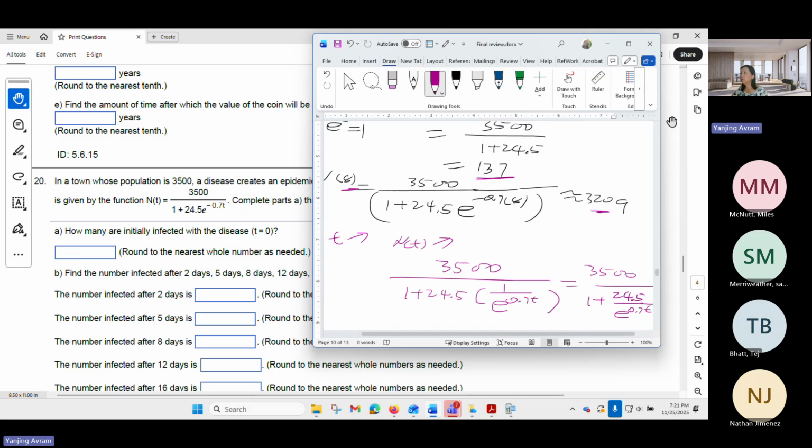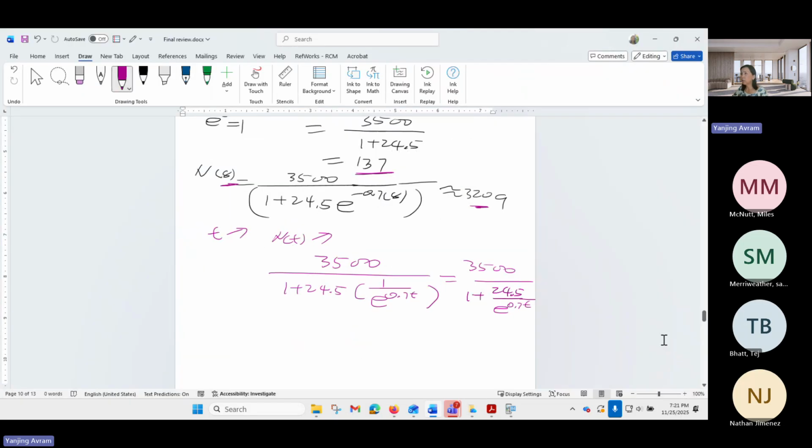All right, so let's look at the assumption here. When t increases, my denominator will increase, okay? Because e, which is 2.7, is greater than 1. So when the exponent increases, this whole thing increases. E to the 0.7t will increase, okay?